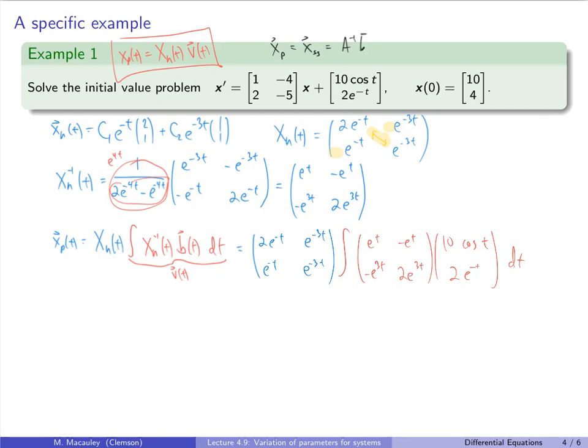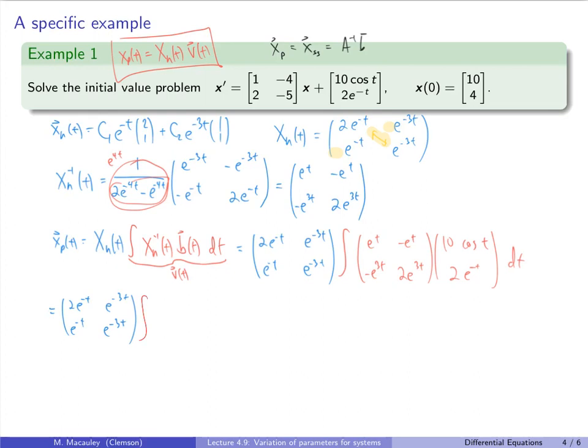Okay, so let's see. I'm going to move over to the left. I'm going to rewrite this same matrix in blue, xh. I'm just copying, doing it one step at a time. What I will do is multiply this matrix xh inverse times b. So the integral, so what is that?